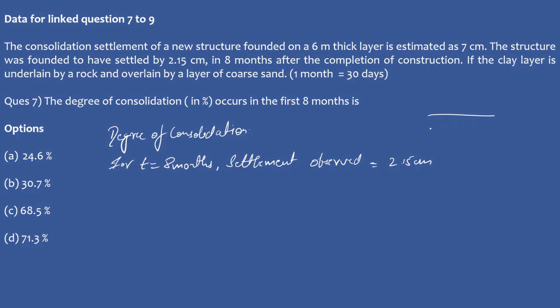Let's say you have a clay layer of thickness 7 centimeter, and underneath you have a rock, so definitely no seepage of water will happen there.